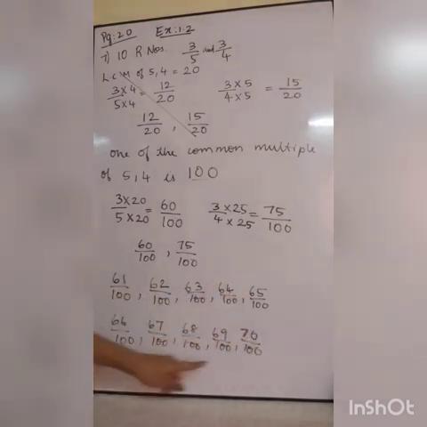Actually you can write 71 by 100, 72, 73, 74 by 100 also, but since they ask for only 10 rational numbers, I have found only 10.